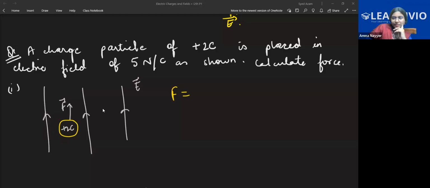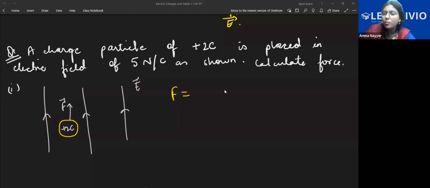Charge is there, electric field is present. How should I calculate the force? F is QE. Yes, Shaima is right. F is equal to QE.